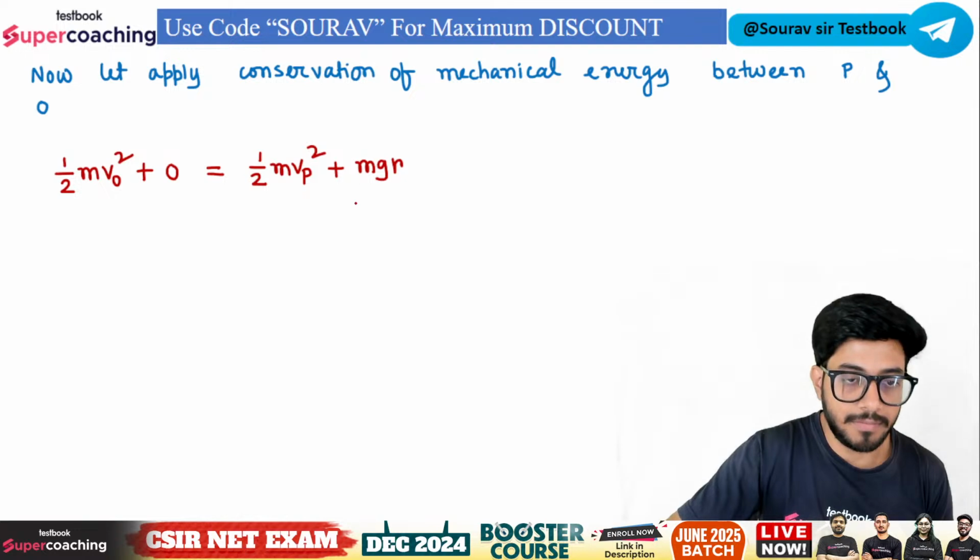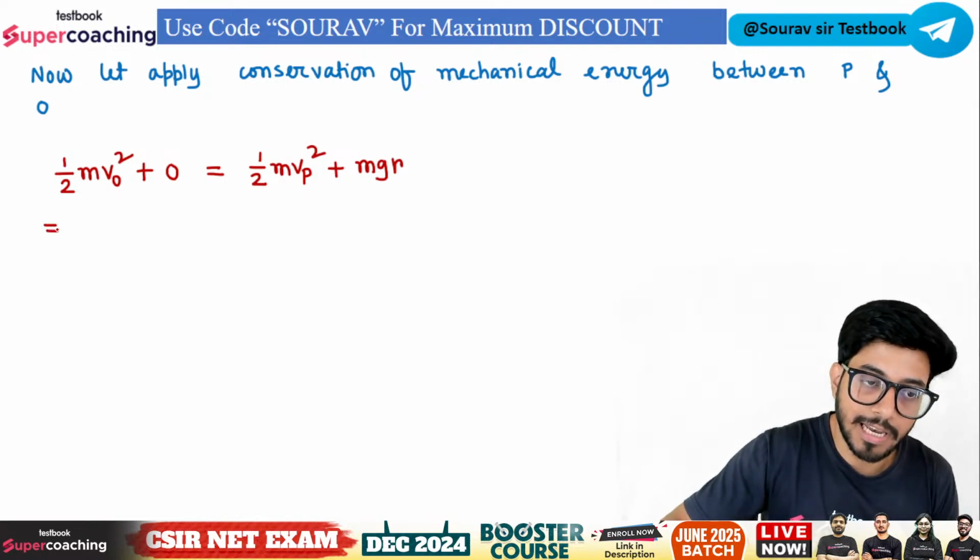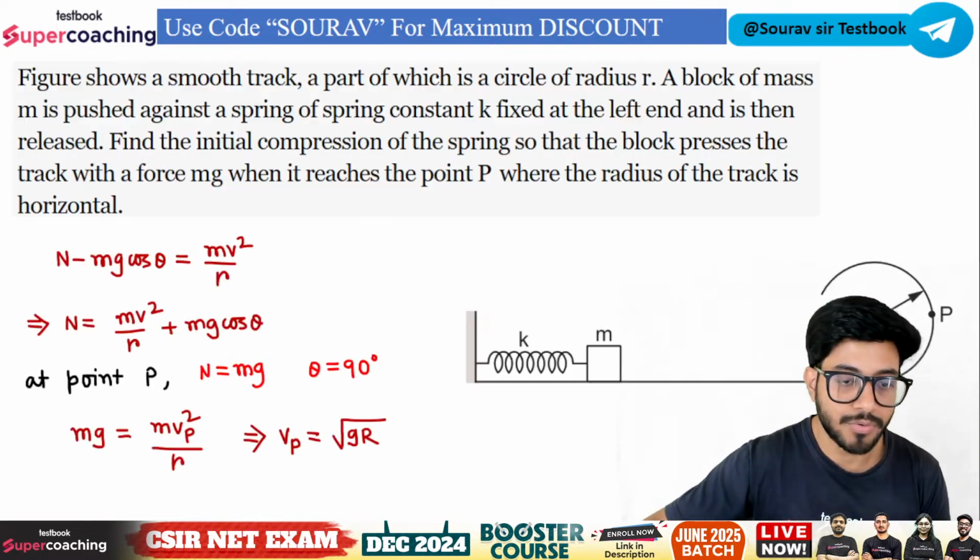And from here, you know that Vp is equal to root over gr, right?